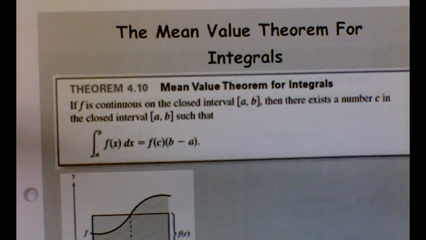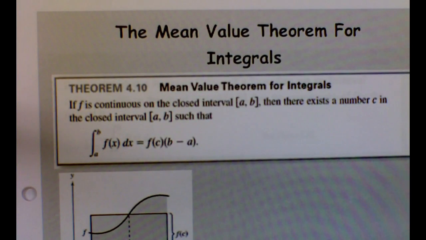All right, we are also going to talk about something called the mean value theorem for integrals. The mean value theorem for integrals just tells us that in any closed interval, there's a number c such that the integral from a to b of f of x dx is equal to f of c times b minus a.